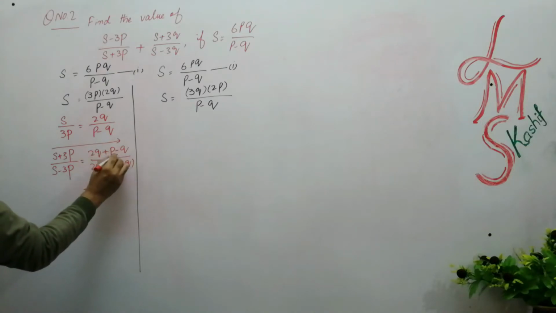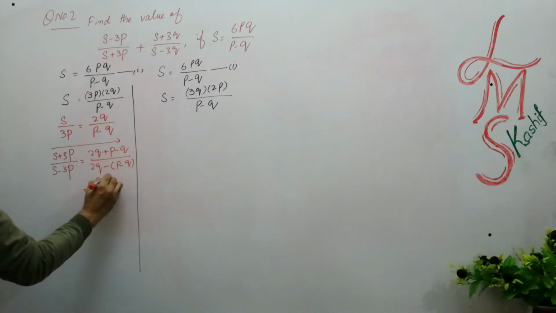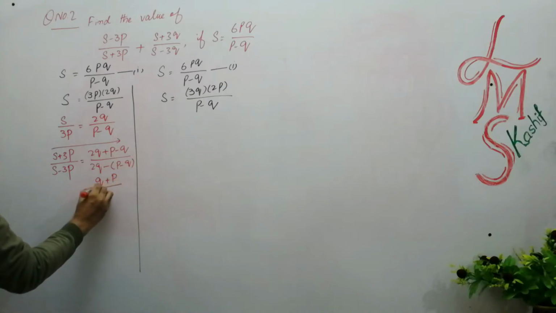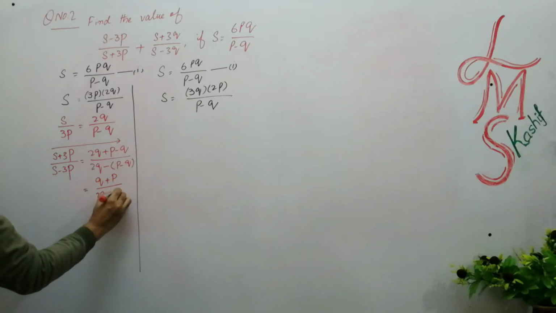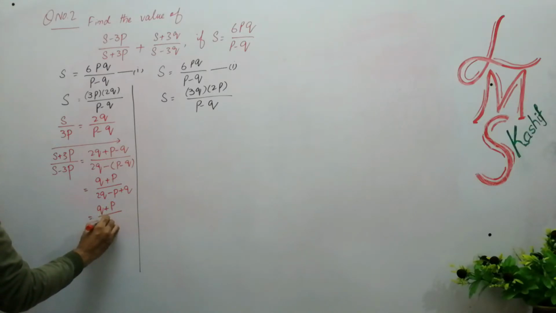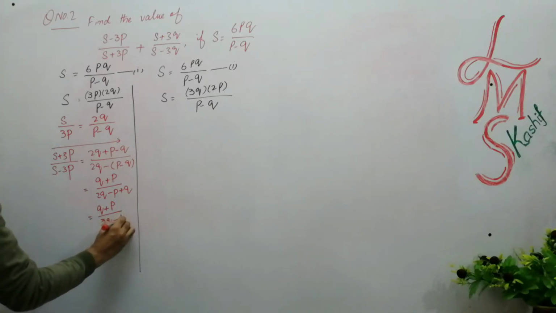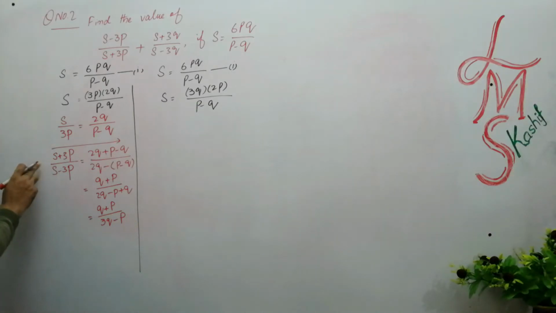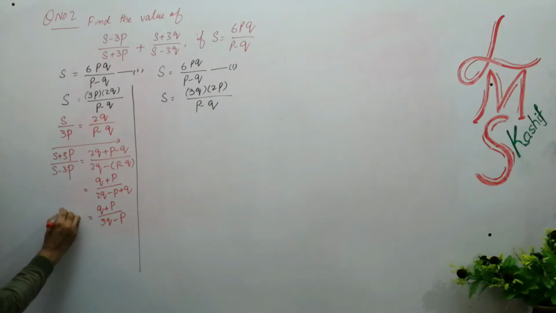By adding 2q - q, q is left, so q + p over 2q - p + q. So we will get (q + p)/(3q - p). That is the value of (S + 3p)/(S - 3p).